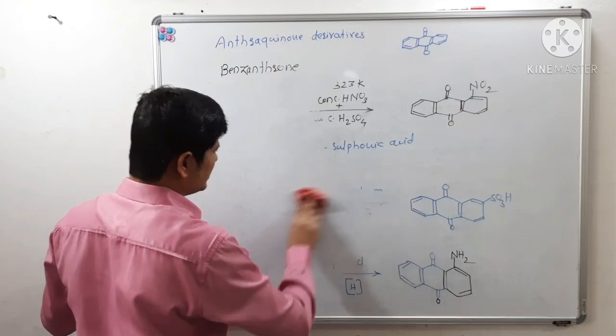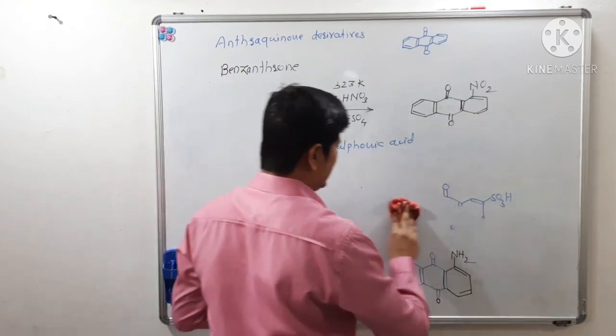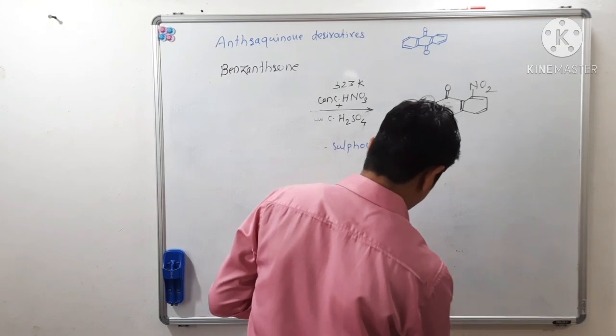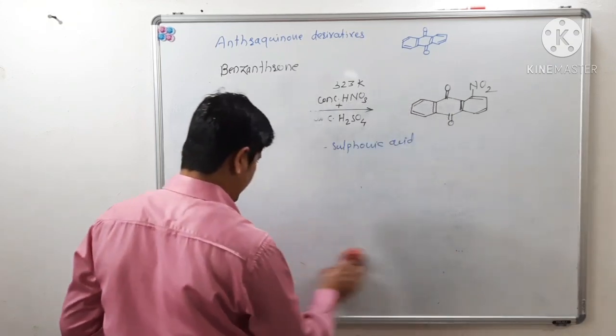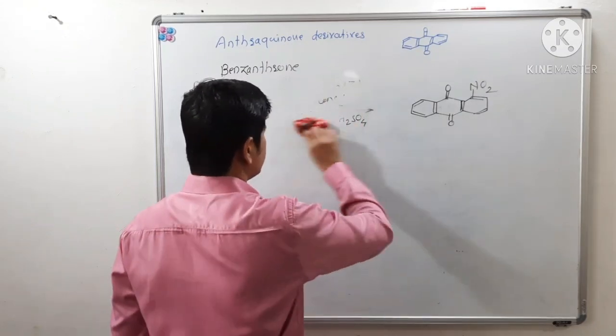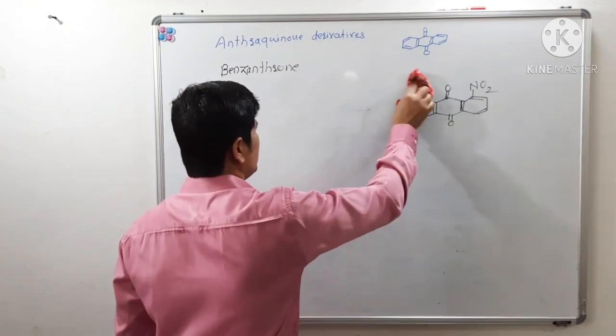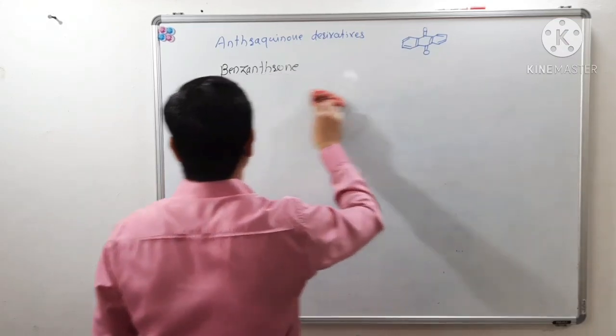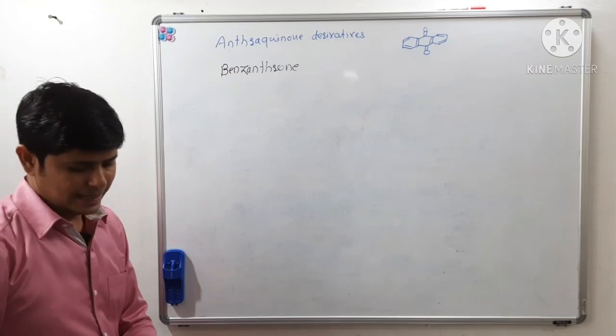So what is benzanthrone? How can it be prepared? Let us see. For the preparation of benzanthrone, we have to start from anthraquinone.